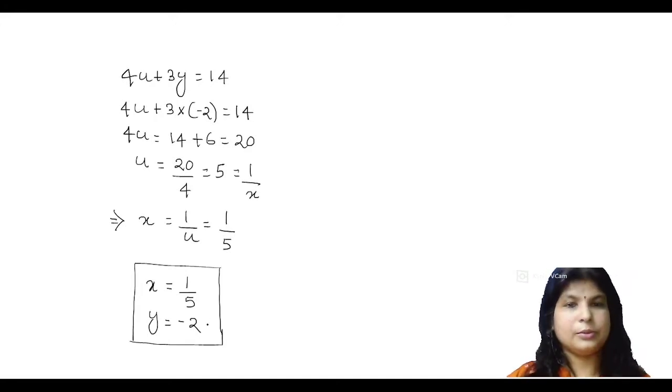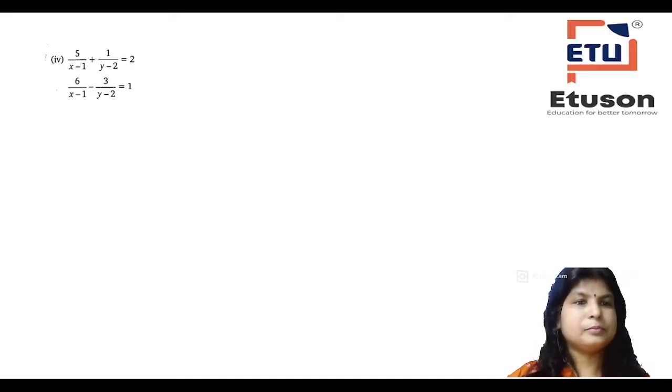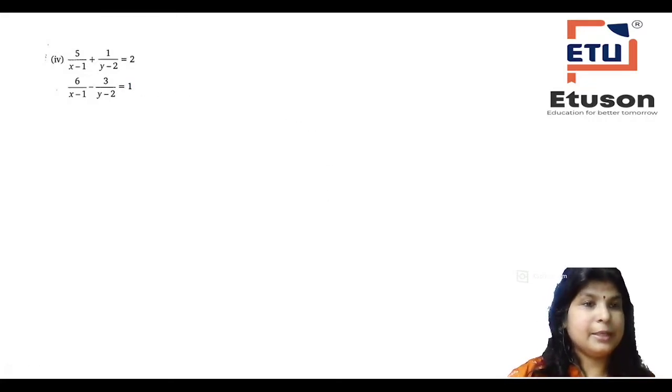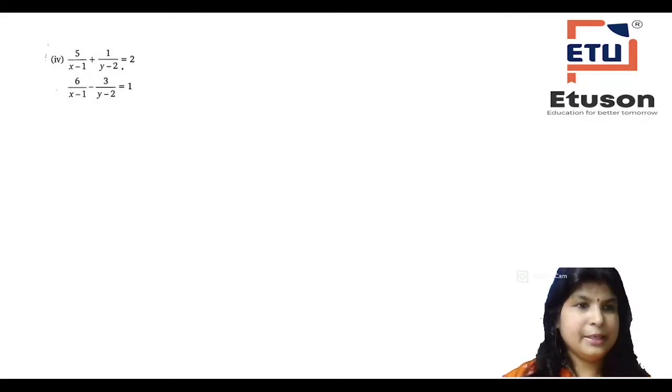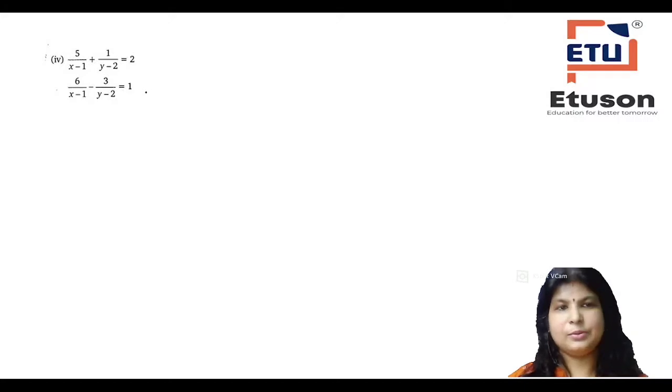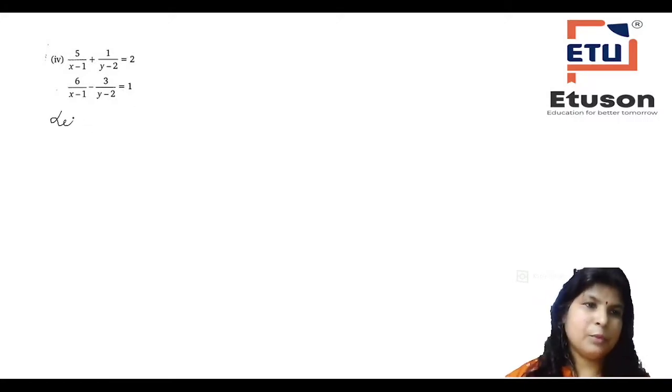Now let us go to the next problem. That is 5 divided by x minus 1 plus 1 divided by y minus 2 is equal to 2. 6 divided by x minus 1 minus 3 divided by y minus 2 is equal to 1. So here what we will do?